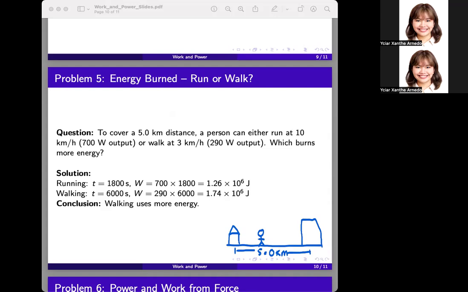And let's use different colors for each scenario. Let's say you're running at 10 kilometers per hour. That's 700 watts. But if you're leisurely walking, that's 3 kilometers per hour, and that's 290 watts.